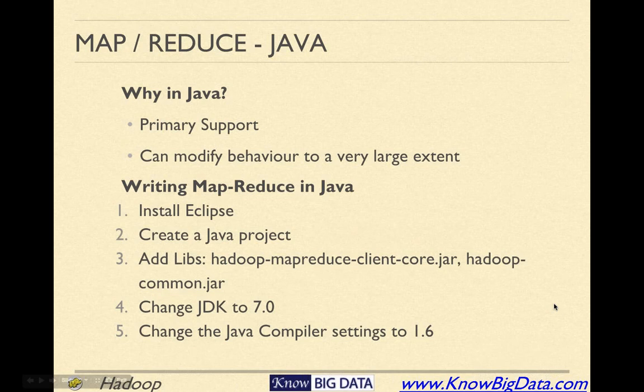Second, you can modify the behavior of almost all of these components using your Java code. You can extend, you can alter, you can do whatever using Java. Therefore, it's very important to know MapReduce in Java. Although it's not the only way to do MapReduce, as we have demonstrated that we could do MapReduce even using scripts, using any program via MapReduce streaming.